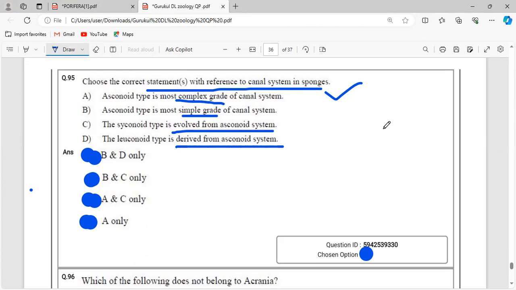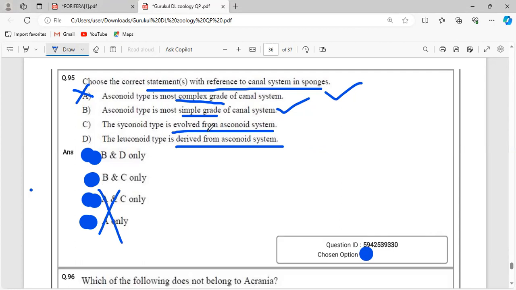First of all, tell me which is the most simple type. Obviously, asconoid type is the most simple type of canal system. Clear? And the first point says asconoid type is the most complex grade. Which is the most complex grade of canal system? Leuconoid type is the most complex grade. So obviously option 1 will be eliminated, 2 will be correct. So C and D will not come, only A and B.